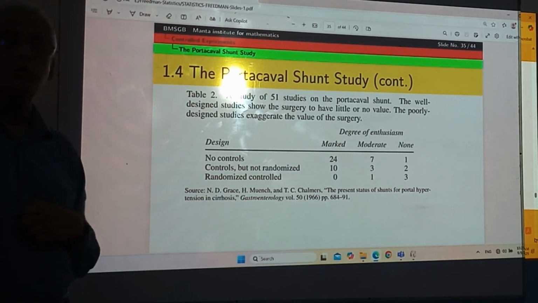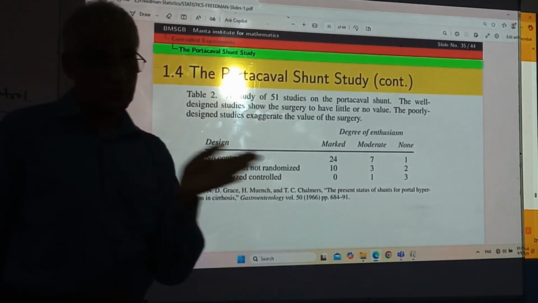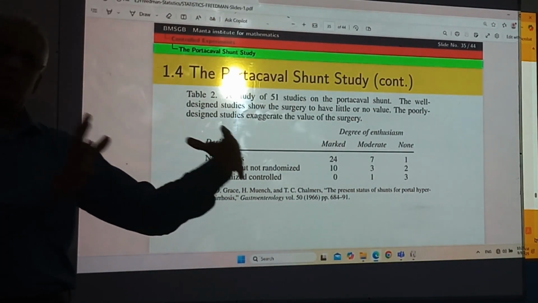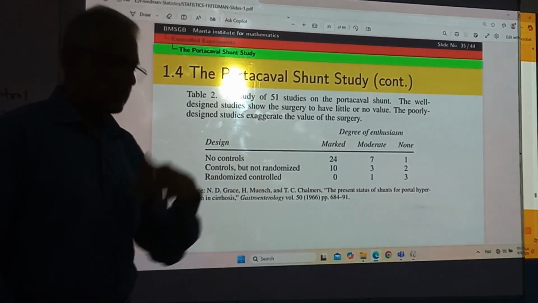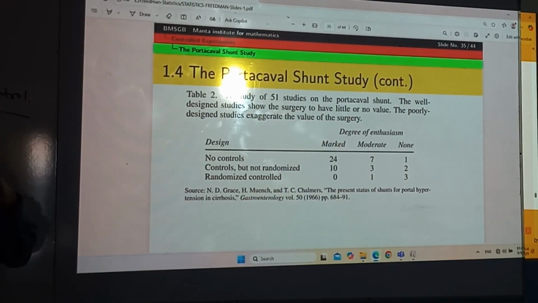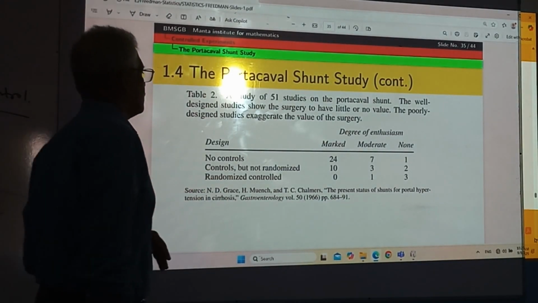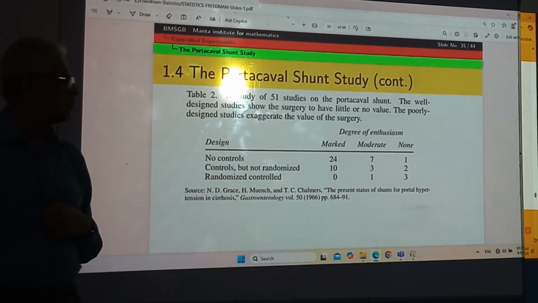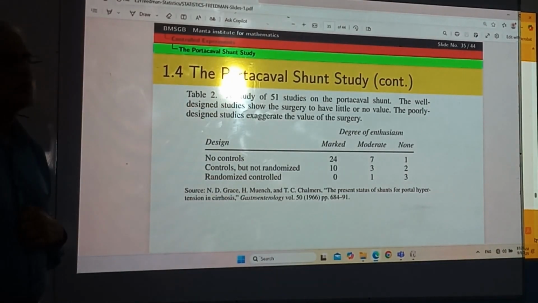experiment, who didn't undergo this new treatment, but it was not randomized, of course. People were not divided randomly into 2 groups and then did the surgery on some people and not. There were some people who underwent, but then they compared with some other group. In that one, they saw that 10 cases with marked improvement and 7 with moderate improvement and 2 with no improvement.